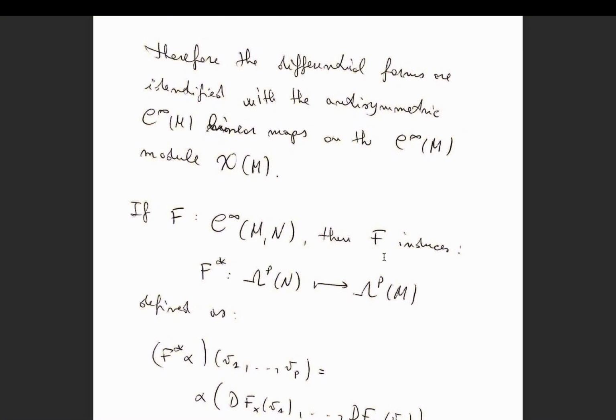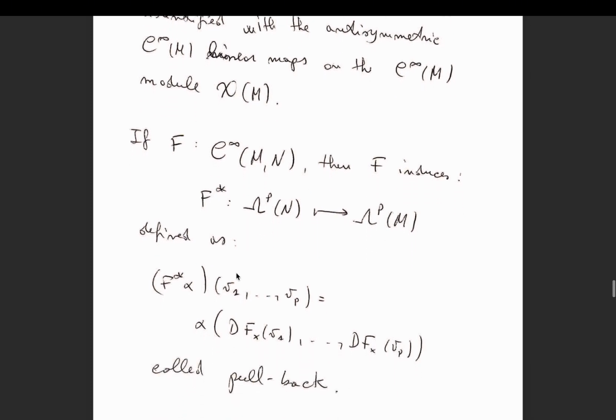So if alpha is a differential p-form over N, then F star of alpha is a differential form defined over M, and for each X1, ..., Xp belonging to X(M), one defines F star of alpha (X1, ..., Xp) equal to alpha(dF(X1), ..., dF(Xp)). And this new form F star alpha is called the pullback of alpha.